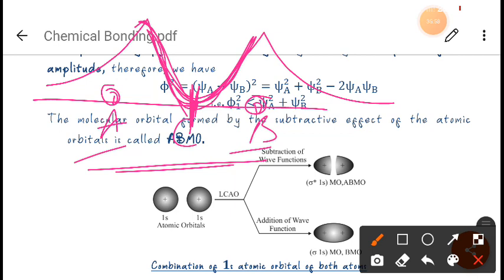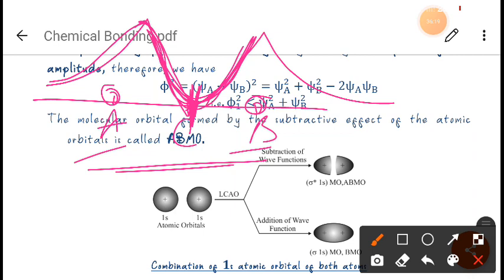Or the density of finding an electron is zero, and this implies that the probability of finding an electron between the nuclei is almost zero, as you can see, because this is just touching the line, right? So it means that it is a nodal plane. It is touching the nodal plane now, and here the density of finding an electron is almost zero.